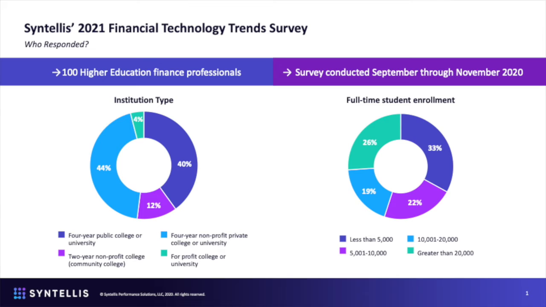So I do think that this represents a pretty good survey. This survey took place between September and November of 2020. So at that point, institutions had a pretty good idea where fall enrollment landed, and they were starting to project cash reserves, those kinds of things. So that's the underlying context that people were viewing this in.